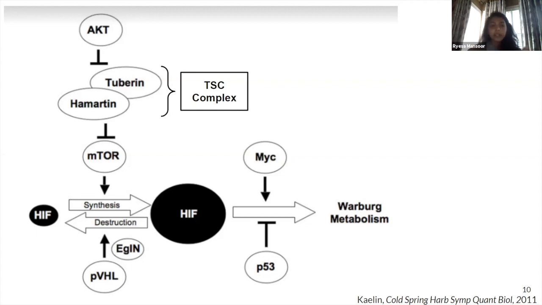I labeled those two proteins, tuberin and hamartin, I don't know how you say it, which make up the TSC complex. Since these act to inhibit mTOR, and they are inhibited, you're going to have net mTOR activation, and that's going to directly result in more synthesis of HIF-1 alpha. And that's going to lead to this Warburg metabolism that we touched on in the beginning, where cancer cells switch to a purely glycolytic approach.